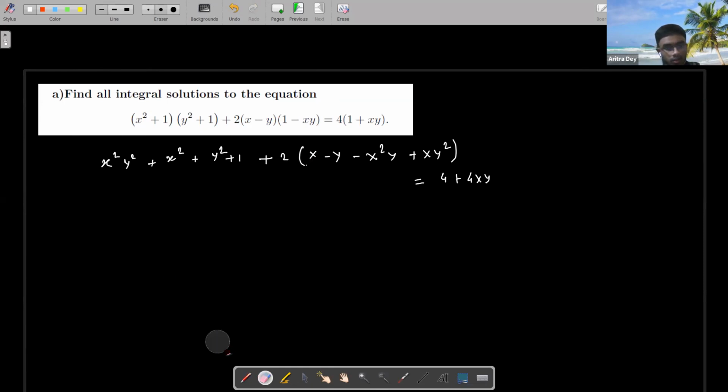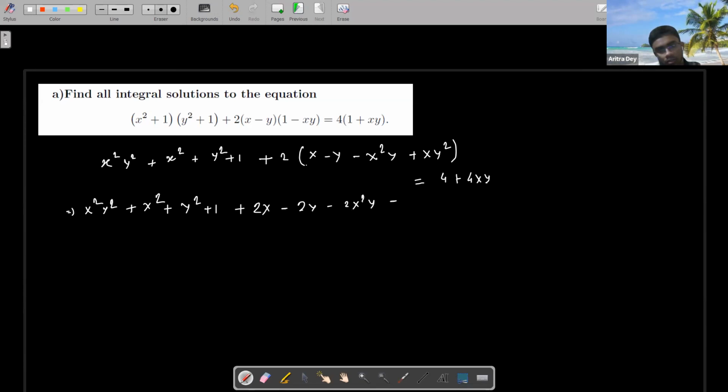I can better write the second part as: x square y square plus x square plus y square plus 1 plus 2x minus 2y minus 2x square y plus 2xy square equal to 4 plus 4xy.